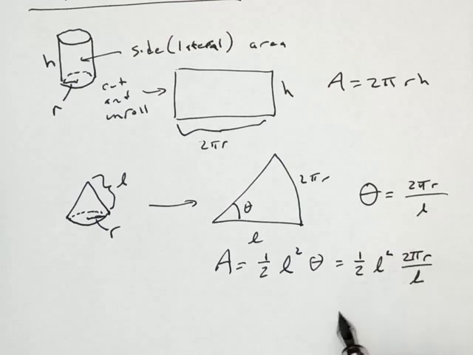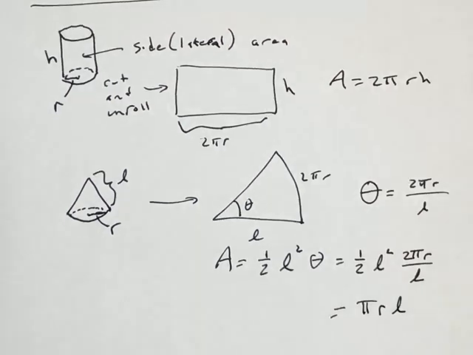So the L will cancel, the 2 will cancel, and I'll get pi r L. And that's just the side, not the circle at the bottom. The lateral surface area.